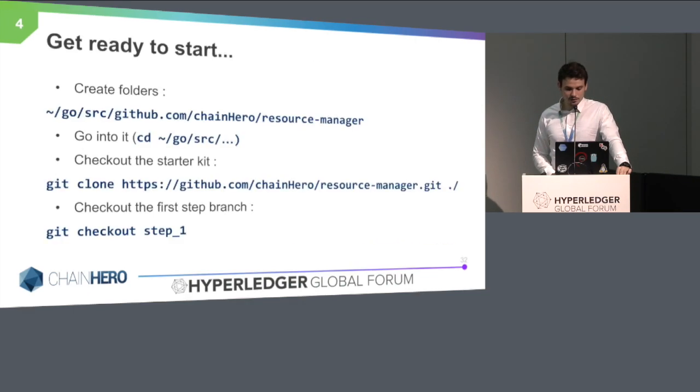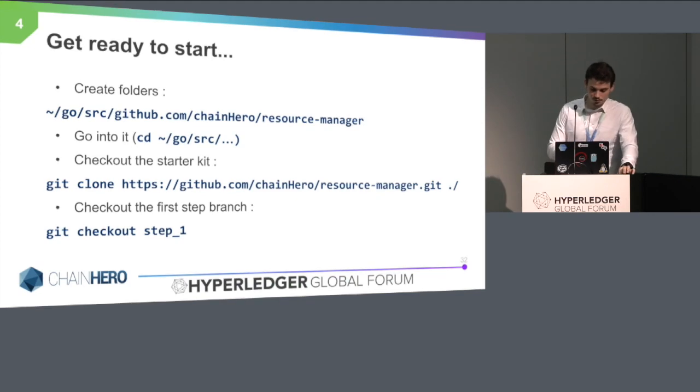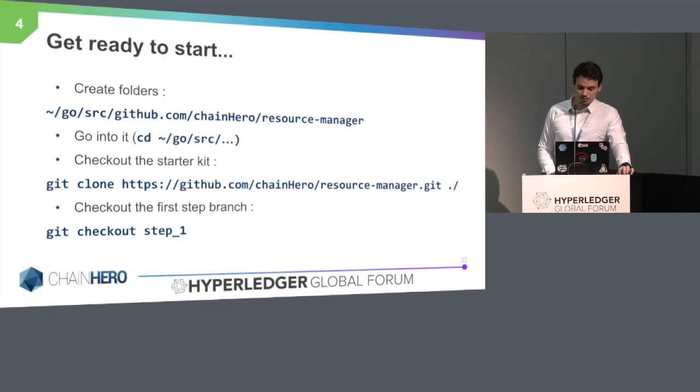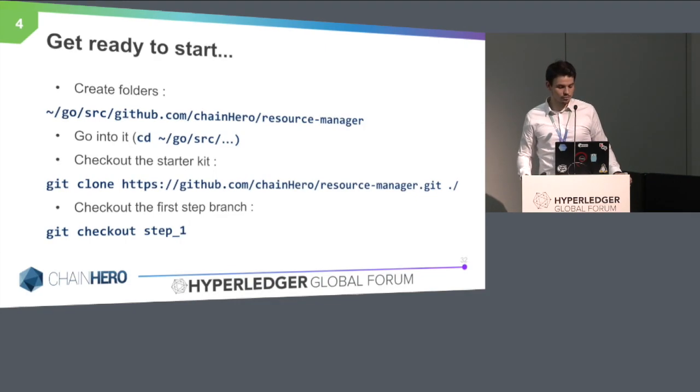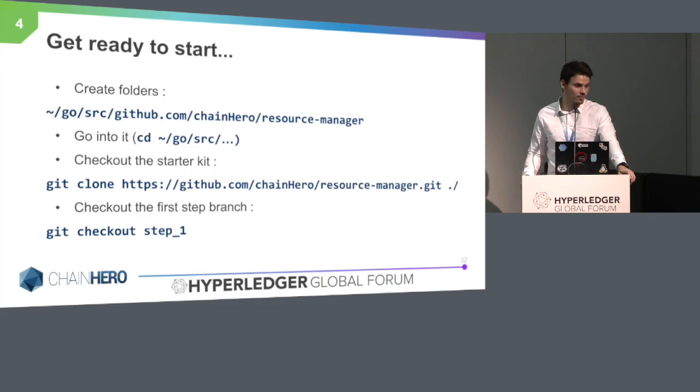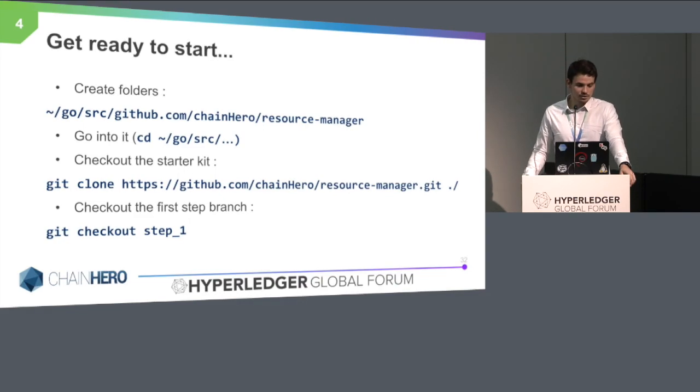So get ready to start. I hope you run the virtual machine and it's okay. If you go inside this folder, the repository is already checked out, already cloned. For others, people that want to use their own Linux environment, check that everything is okay: Golang, Docker Compose, the make, the dep.